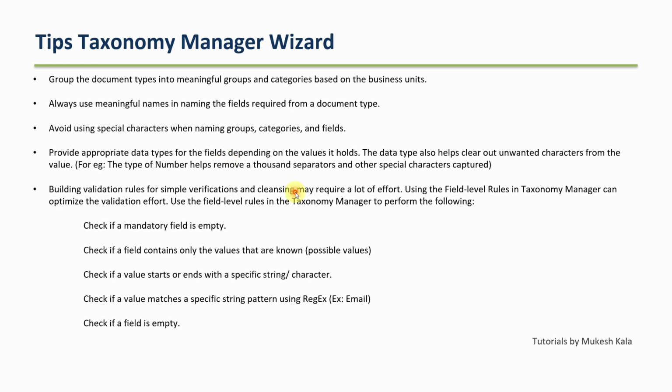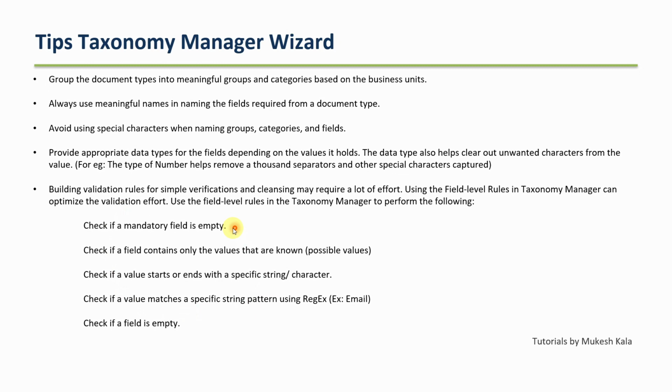Okay, the last thing in the taxonomy manager is that we also have an option to apply field level rules. We have not talked about this in detail, but you can always have field level rules in the taxonomy. I'll show you where this is.